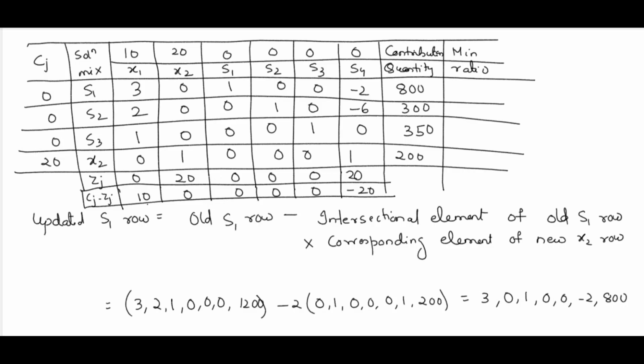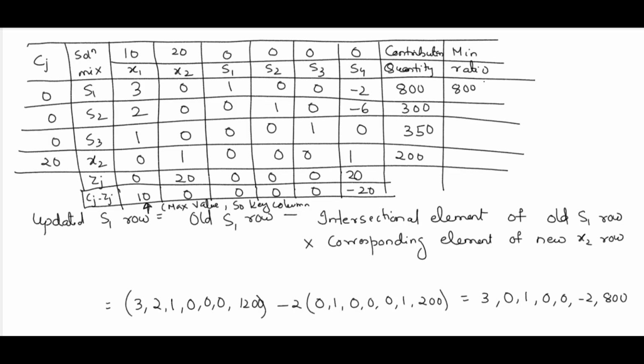You can see that 10 is the maximum value. This is the max value at stage 2, and so this is the key column. Divide the contribution quantity by the key column value. So every stage you will determine the key column first.